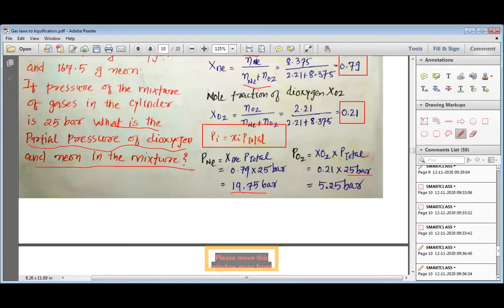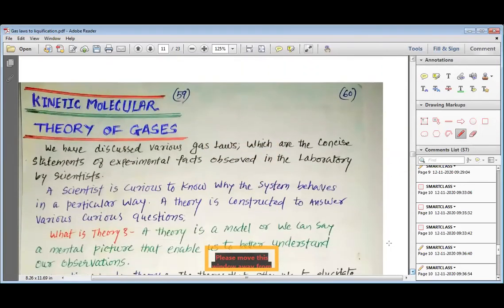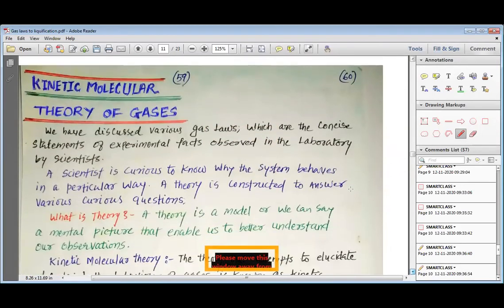So the partial pressure of neon is 19.75 bar and partial pressure of dioxygen is 5.25 bar. This is how we can solve the problem. I hope, my dear students, you have understood everything. If you have any doubt, you can ask me, or we can move to the next portion.